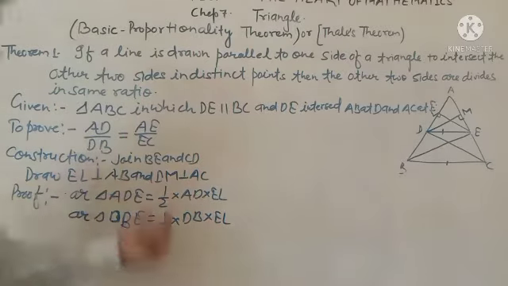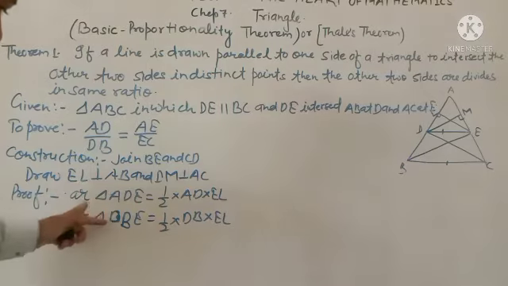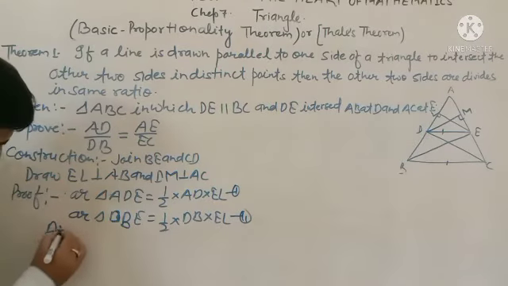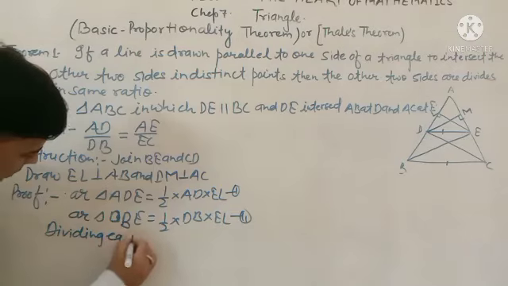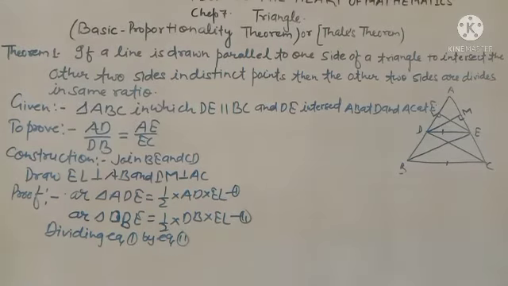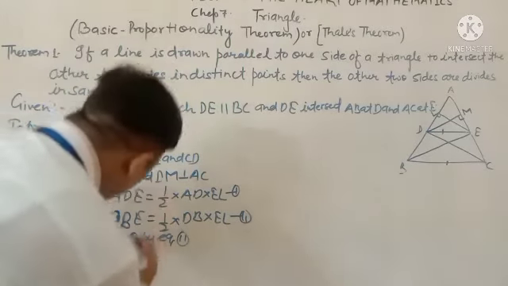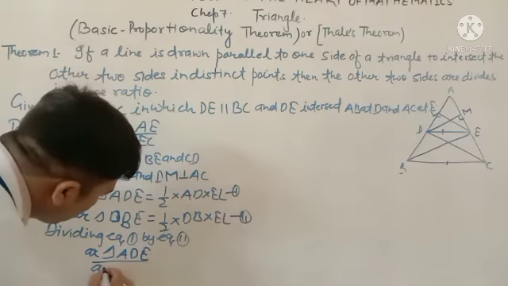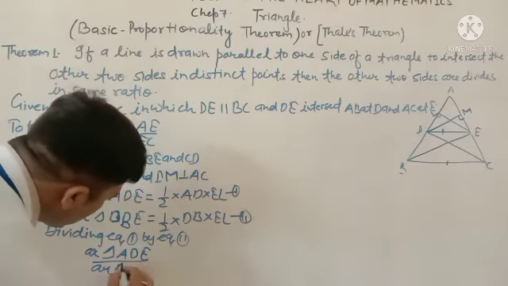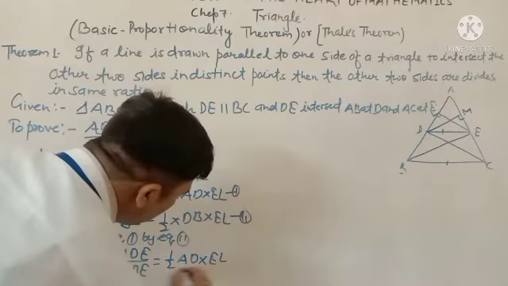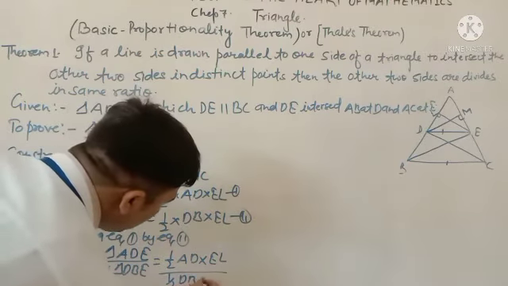Now dividing equation first by equation second, we get area of triangle ADE upon area of triangle DBE is equal to half AD into EL divided by half DB into EL.